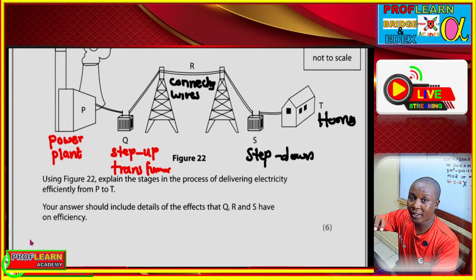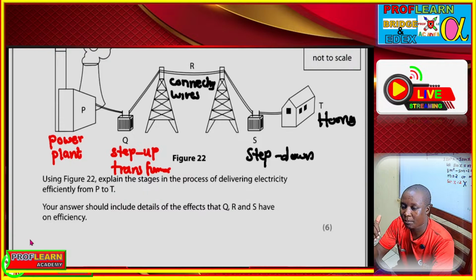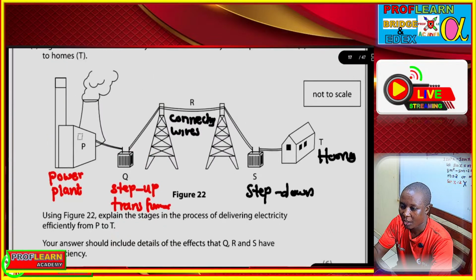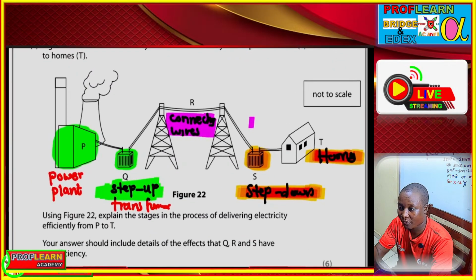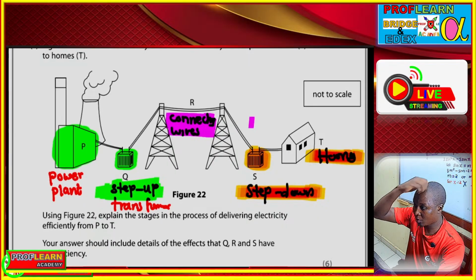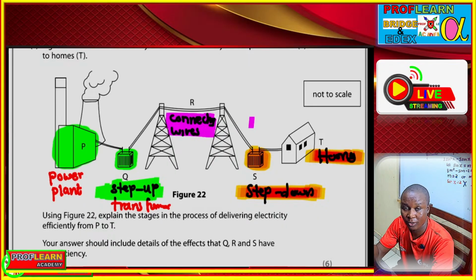And remember, when voltage is increased, it's going to be transmitted at high voltage so that we minimize power loss. We're going to reduce power loss in that process. We have this power generated. We have a step-up transformer to increase the voltage transmitted, and then a step-down transformer is used to reduce the voltage for safety purposes and for usage.